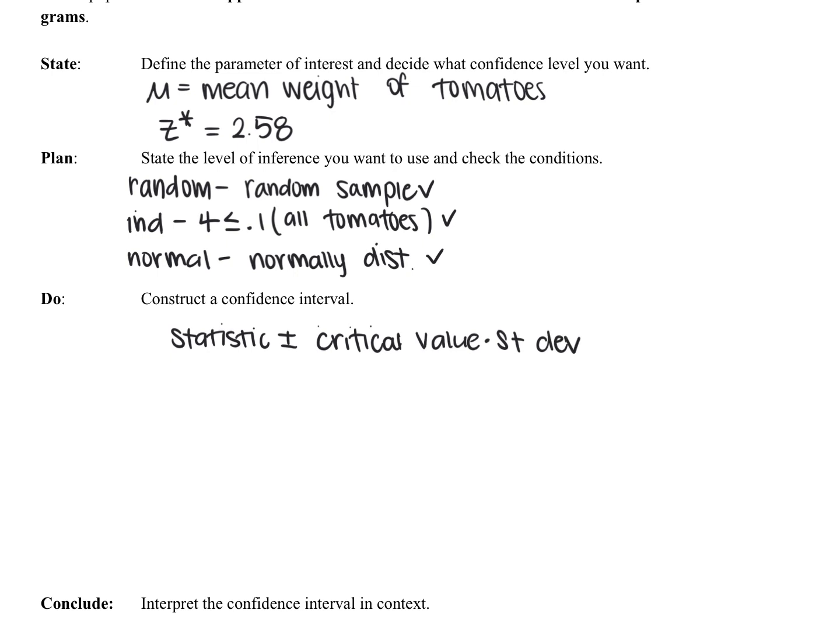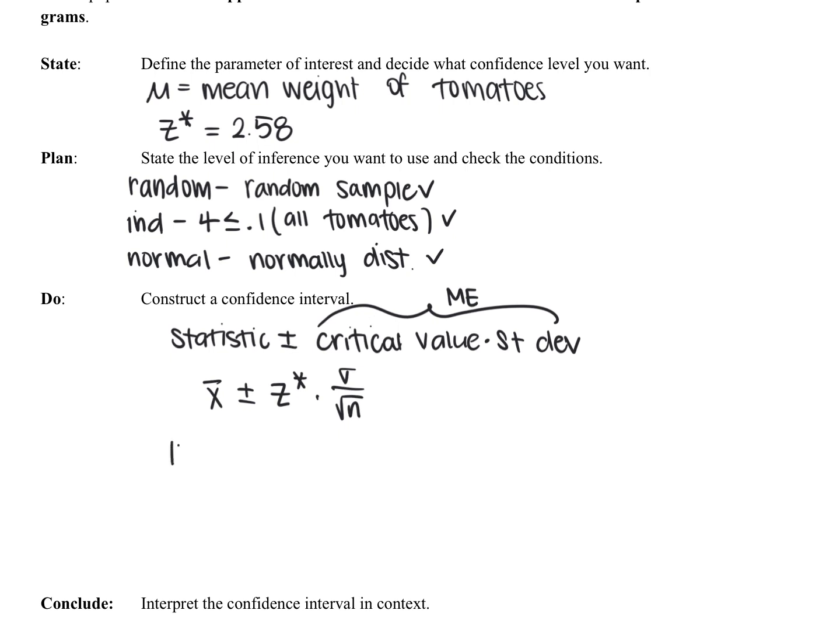And the critical value times the standard deviation is where we get our margin of error. So for means, our statistic is represented by x bar plus or minus. Our critical value is still the z asterisk. And if you remember from chapter 5, the formula for standard deviation is standard deviation over the square root of n. So that's how we get our formula for the confidence interval for a mean.